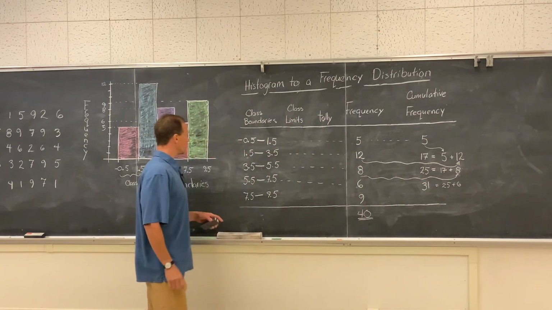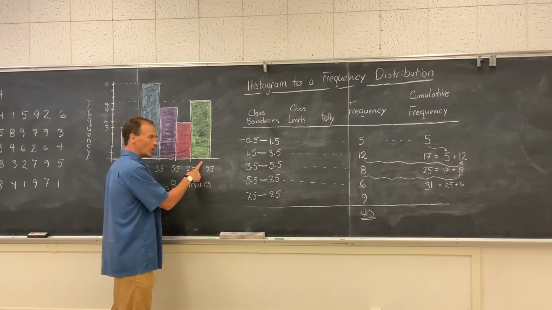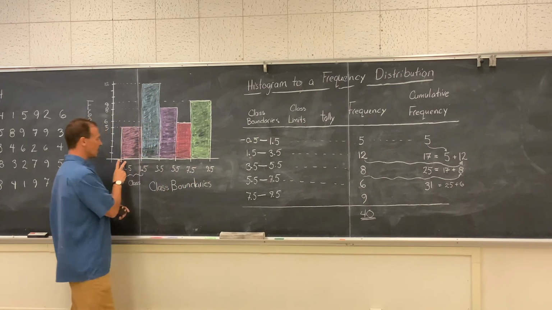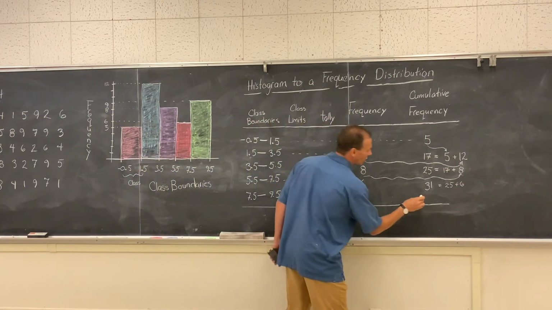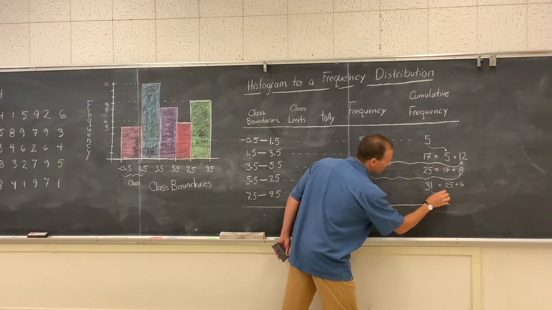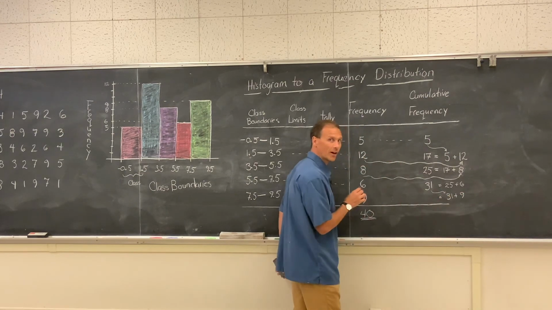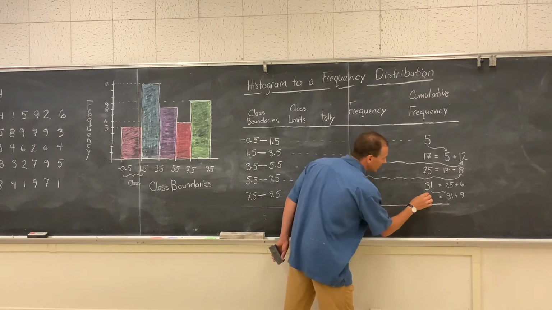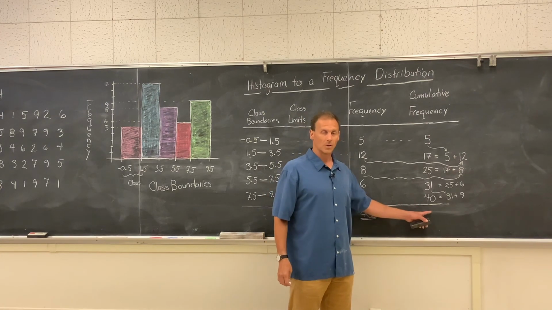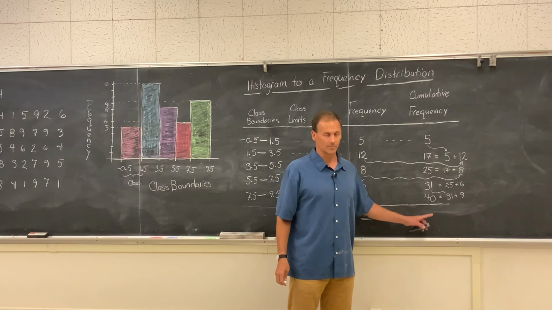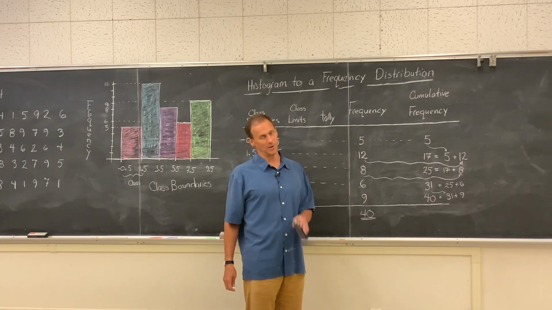And when we look at the last class, this green column, we've looked at now all of the data values from the very beginning to the very end of our data set. And at that point, we add the 31 plus the 9 that are in that rightmost column, and we see that we're at 40. Again, it's another check to make sure that we've actually accounted for all data values once and only once. No, we didn't miss one and we didn't double count one. Okay.